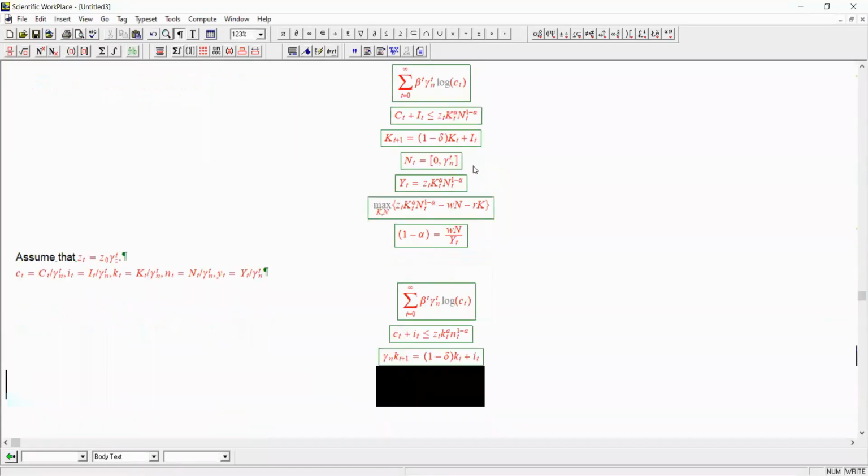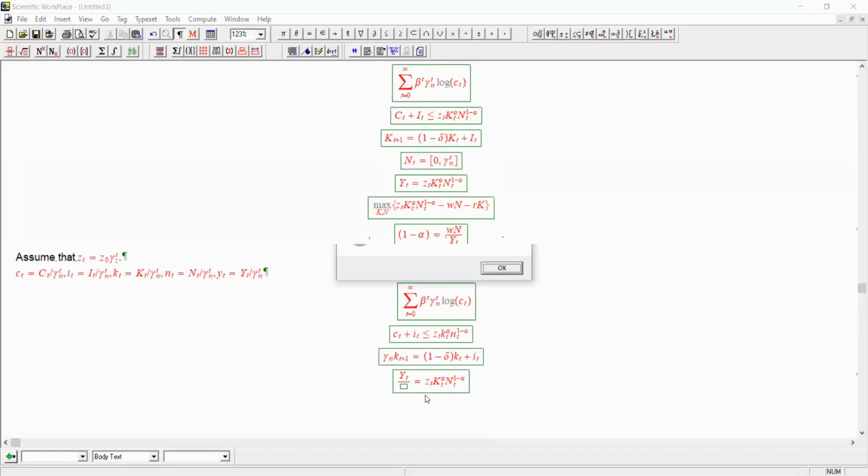Let's use the per capita version of the production function. We can take this, divide everything by the population. We know that this is going to end up being small k and small n. And this is small y.